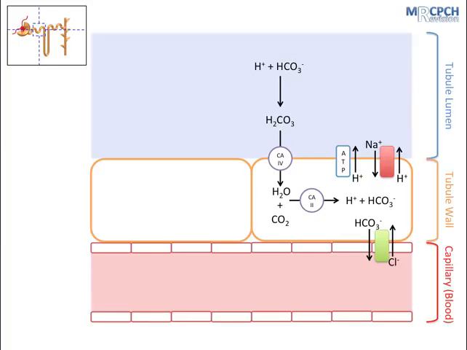The bicarbonate is then exchanged with chloride from the circulation, and the bicarbonate is reabsorbed into the circulation. And the protons are either actively secreted by a proton ATPase or exchanged for sodium from the filtrate. The protons are then excreted in the urine, and the bicarbonate is reabsorbed into the blood.